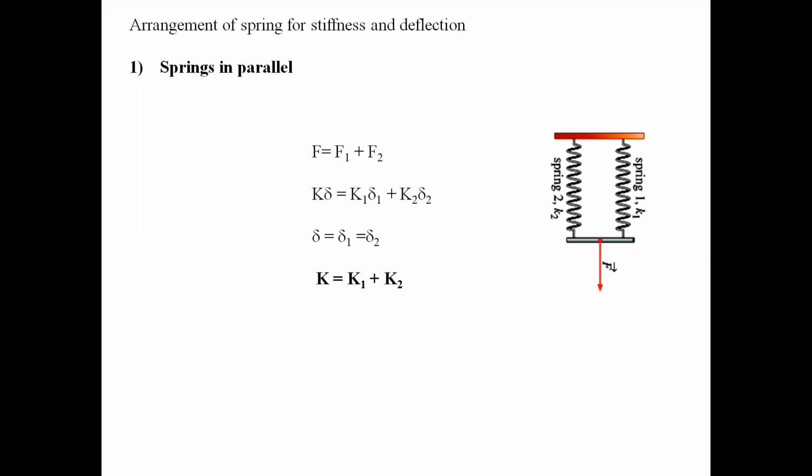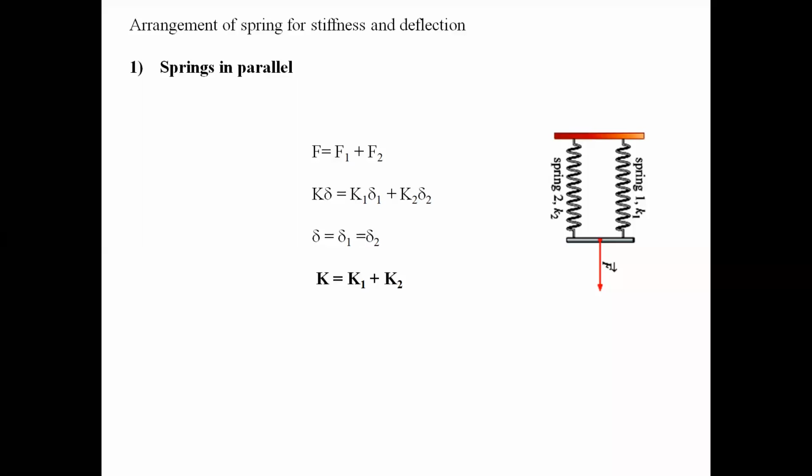Here, when we pull the complete spring, whatever deflection comes out, the deflection is the same. If the springs are in parallel, it has to come down parallelly. So delta is equal to delta 1, which is also equal to delta 2. That means delta 1 and delta 2 get cancelled, and simply we can say that when the springs are in parallel, it may be 1, 2, 3, 4, n number of springs in parallel, the stiffness of the equivalent spring k is equal to the summation of the stiffness of all the springs.